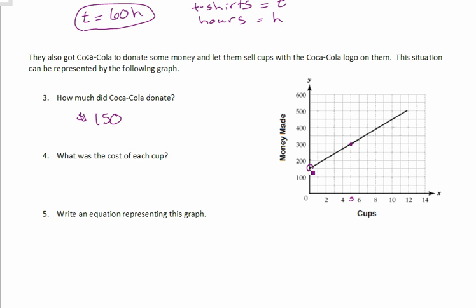Okay, so we started at $150 and we went up 150 with 5 cups. Okay, so looking at this again, $150 and 5 cups.